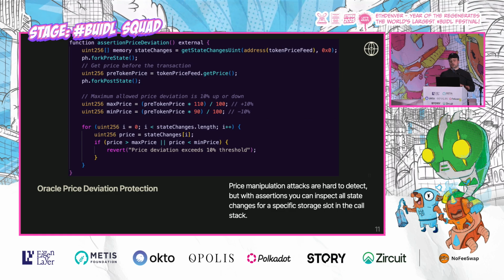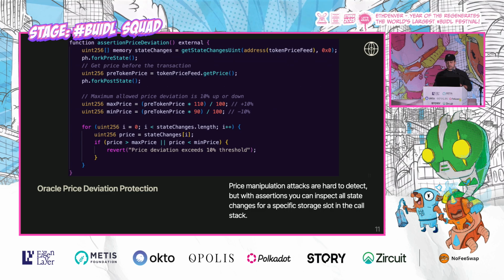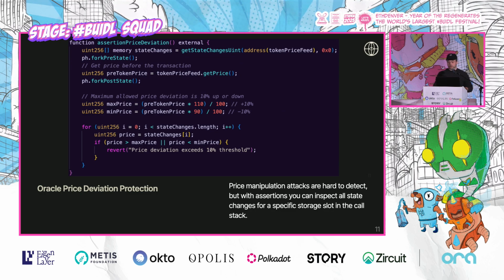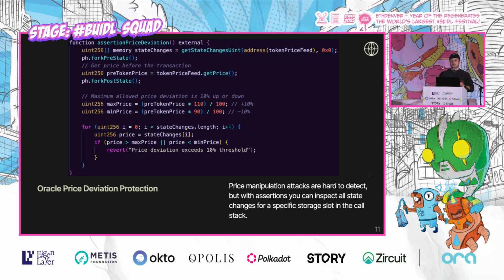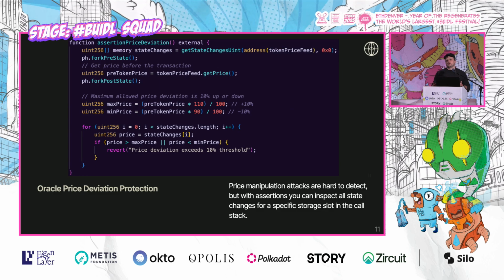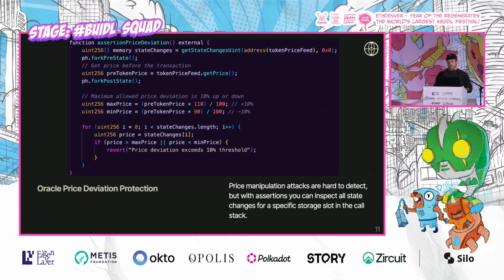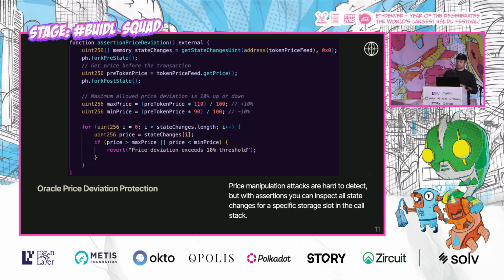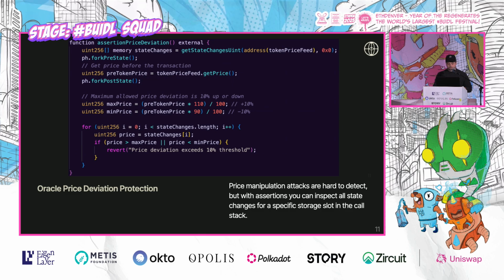In this case, we check if more than 10% deviation is taking place. And if it is, then probably something is wrong and the transaction will be ignored or reverted. So with this, you can really get deep into your protocol and define things that you never want to happen without worrying about how exactly someone could be manipulating the price oracle.